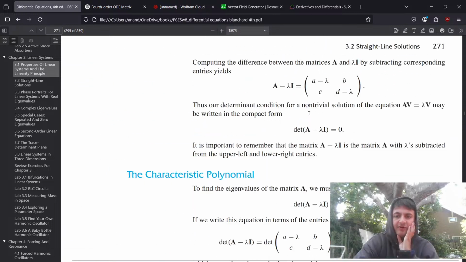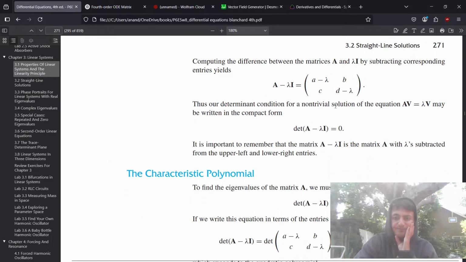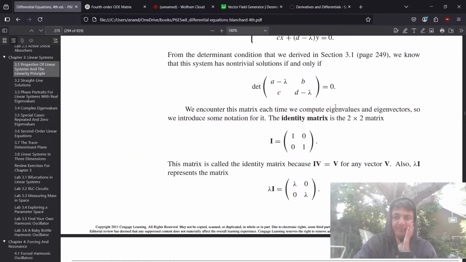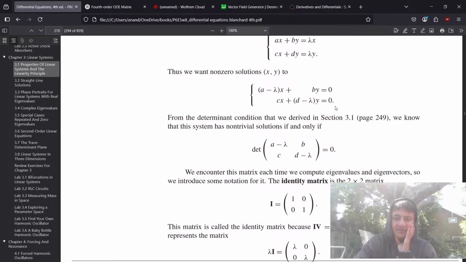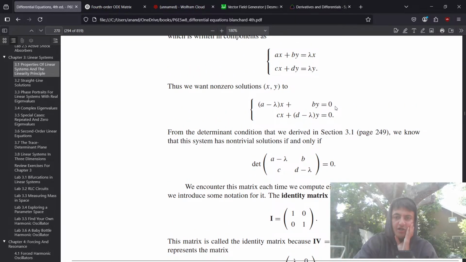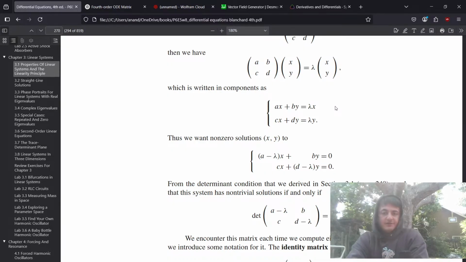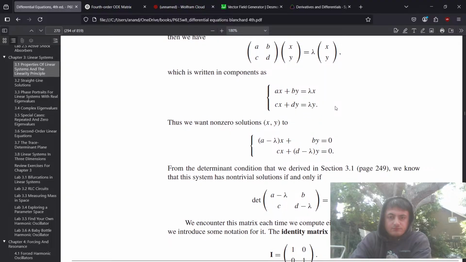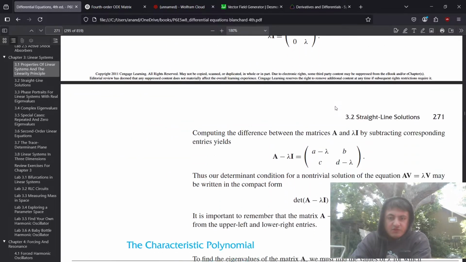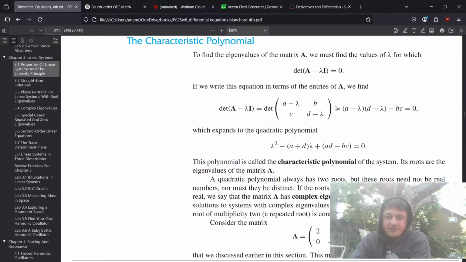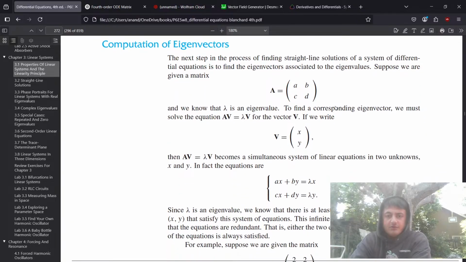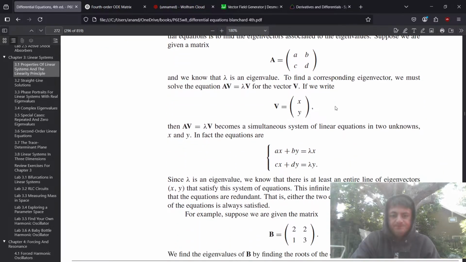Right, so before we were finding basically the values of lambda such that we know that there are non-trivial solutions. And we need a non-trivial solution in order to find actually a line that satisfies the equation.